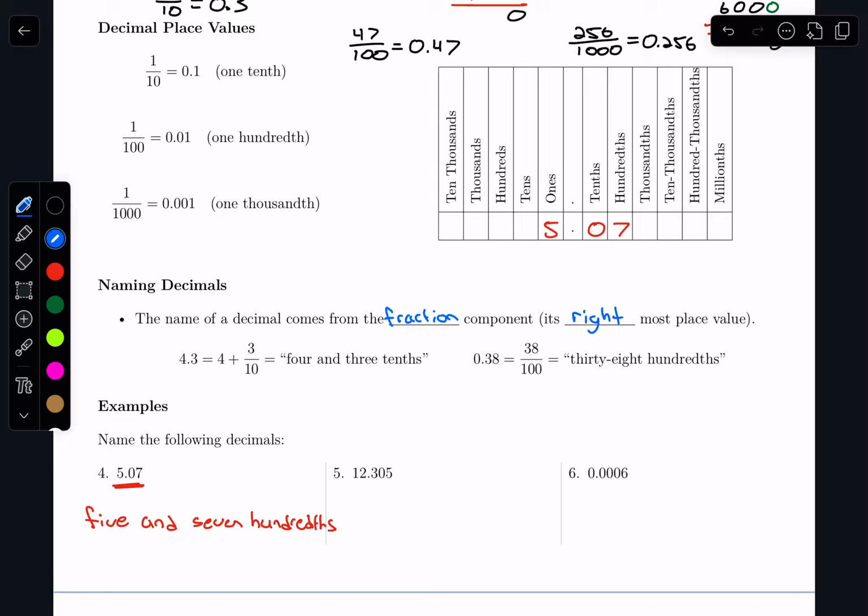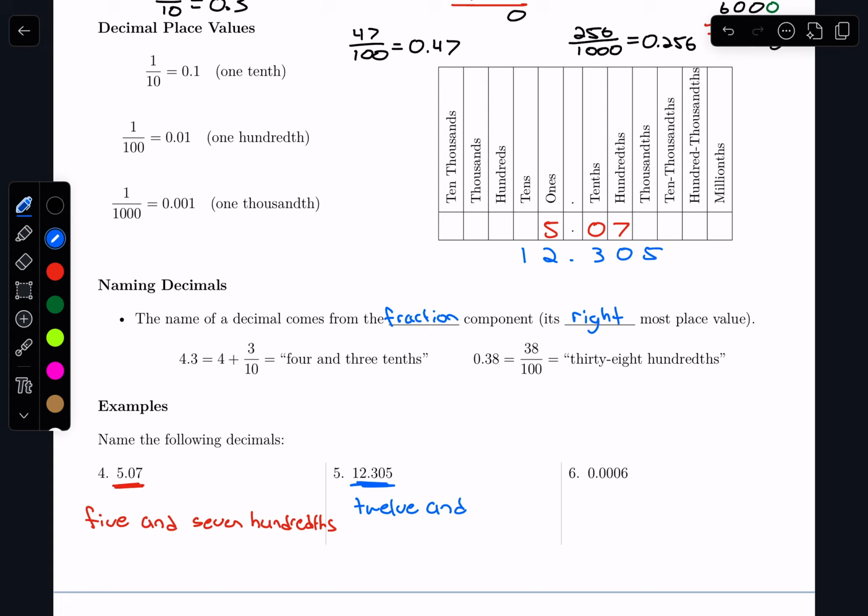All right, let's try again with number 5. We have 12.305. So we're going to write this in the place value chart. 12.305. The way we name it is we name the whole number, which is just 12. Then we say and. So it's 12 and, well, 12 and what?